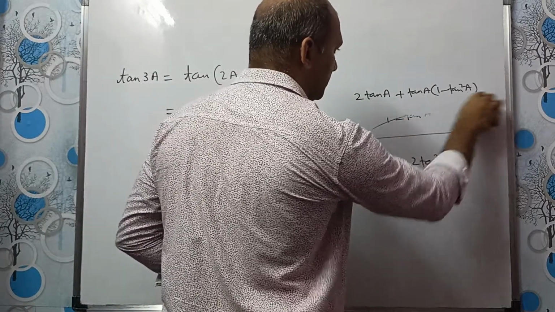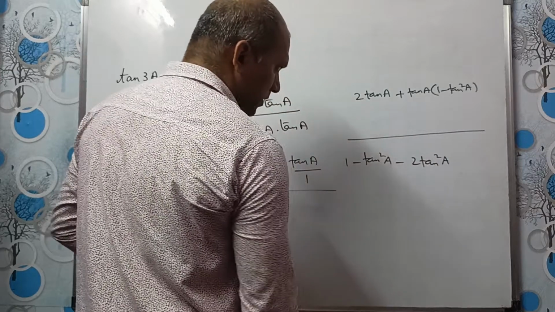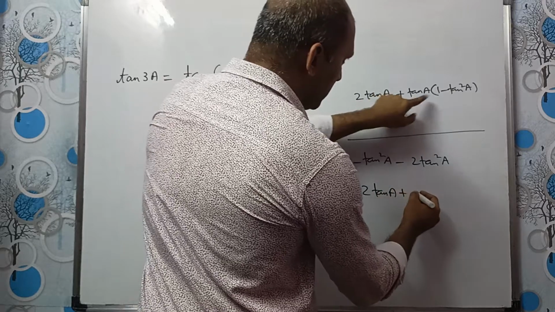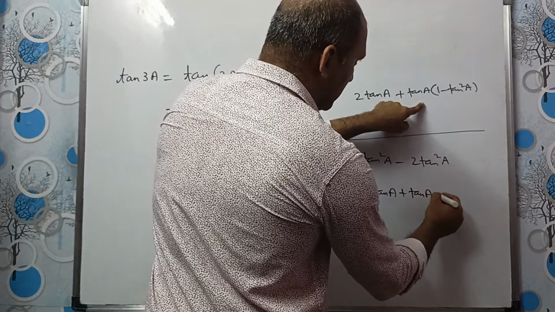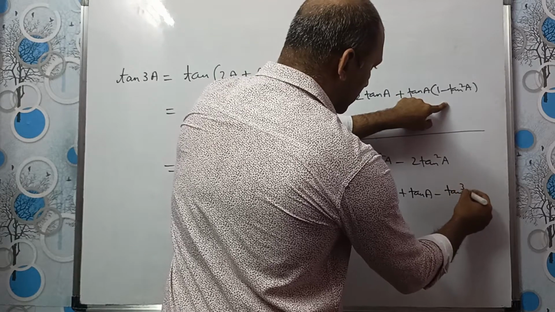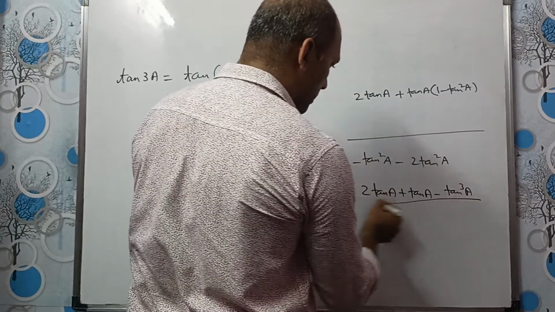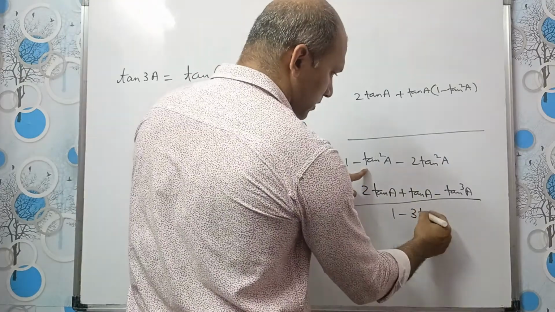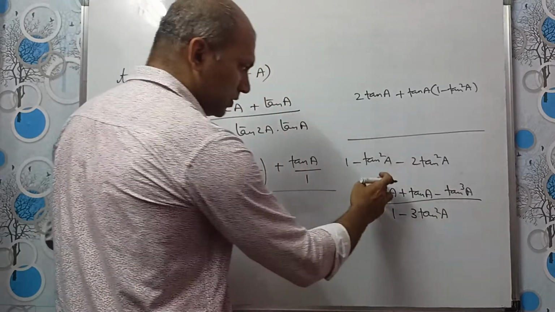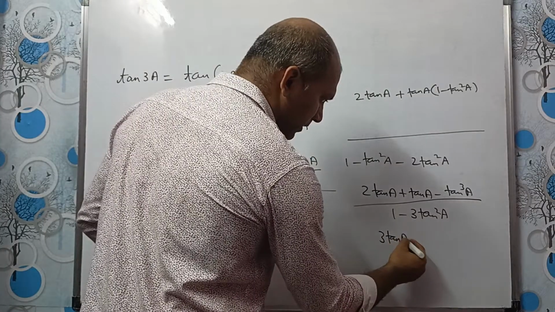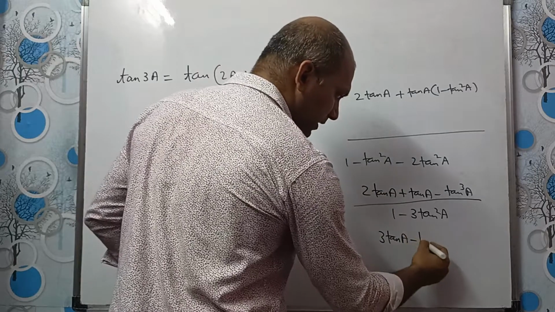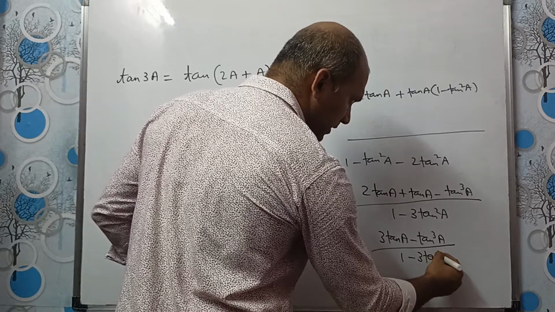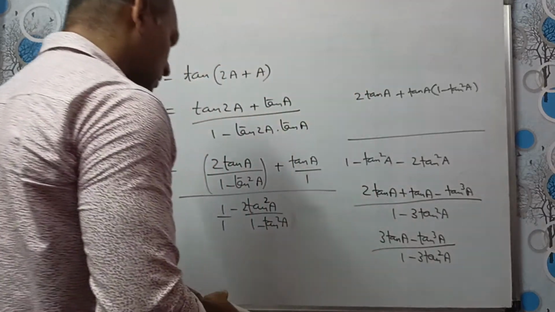Okay, so what do we have here? 2 tan A plus tan A into 1 is tan A, minus tan A multiplied by tan square A, which is tan cube A, whole divided by 1 minus tan square A minus 2 tan square A, which is 3 tan square A. So 2 tan A plus tan A is 3 tan A, minus tan cube A, divided by 1 minus 3 tan square A.